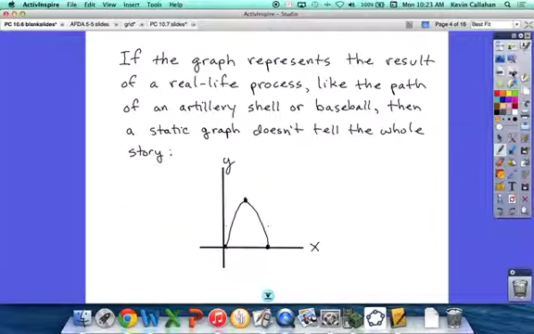It actually started here, and then it went up, right? And it went down. So the graph isn't complete just to show this is the path that the baseball took. You really need to know what direction it went, or the artillery shell. And so that's what we're going to get with parametric equations.